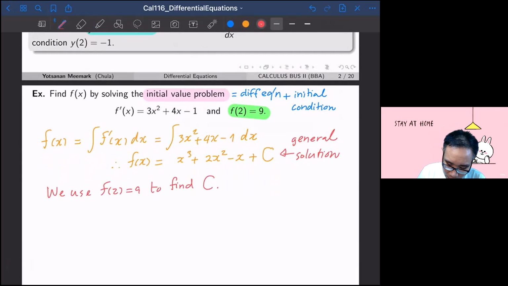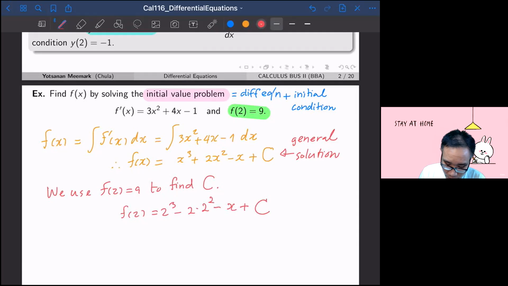So you plug in f of 2, so it's going to be 2 to the third minus 2 times 2 squared, minus x, plus c.